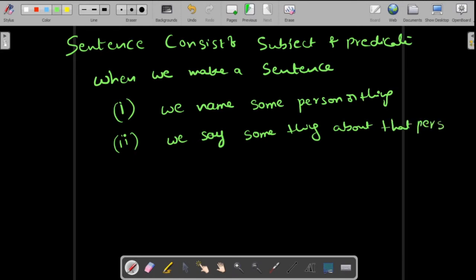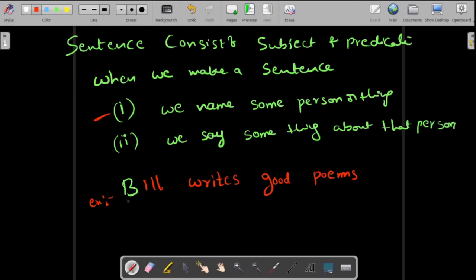Let's see some examples. Example for this one is: Bill writes good poems. See here, if you observe the first step in this sentence, we name some person or thing.